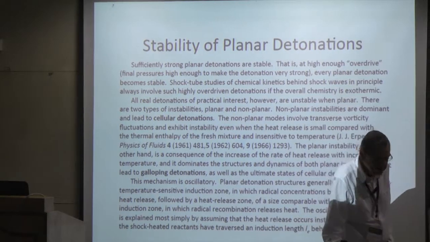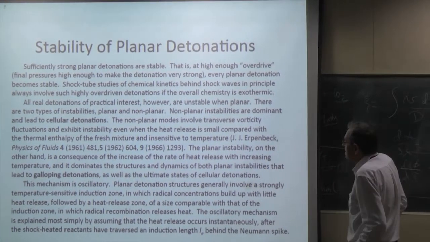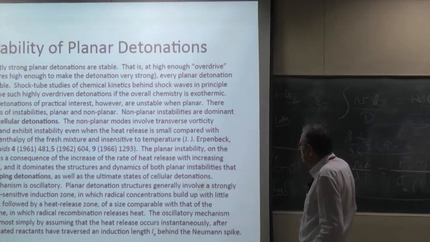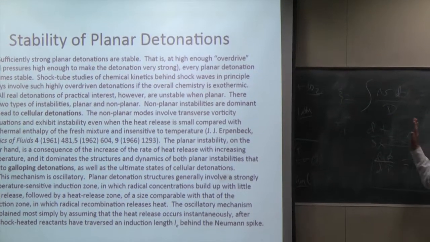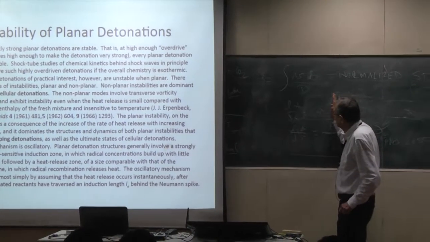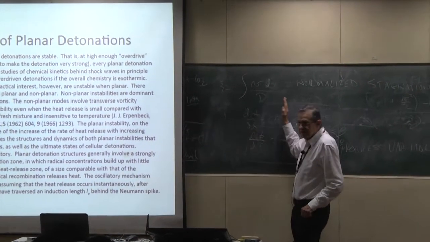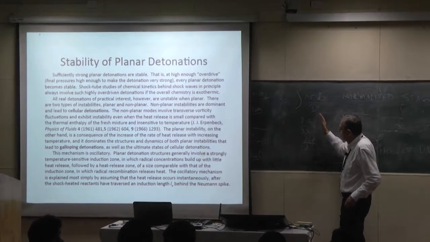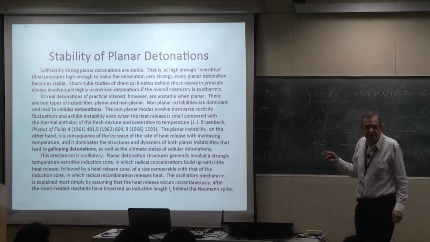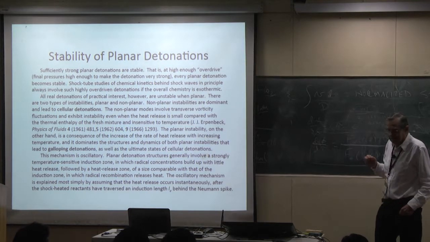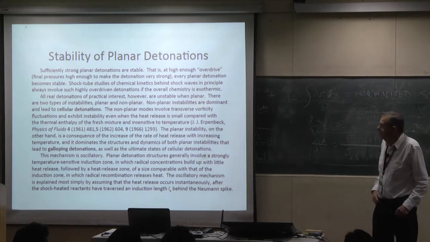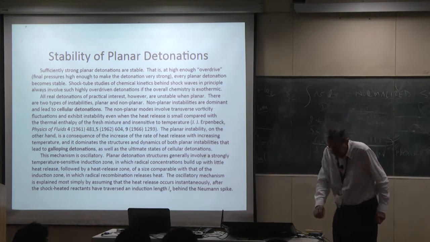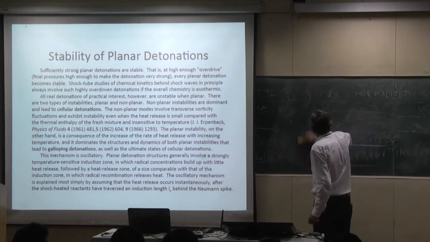There are really two kinds of processes that can lead to instability of detonations. One is a purely planar process, and that's an effect of the chemical heat release, of the rate of heat release depending strongly on the temperature, and that can lead to an oscillatory type of behavior, so-called galloping detonation behavior.